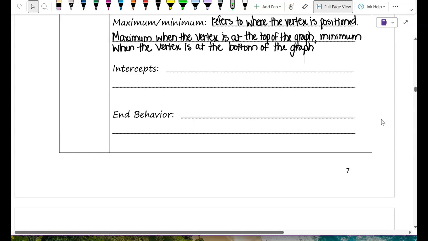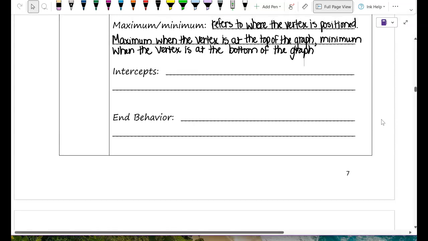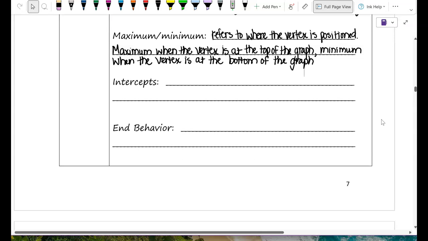The next word, intercepts. Now we are going to be talking about both x and y intercepts. X-intercepts, again, are going to give us the solution. Y-intercepts just help us with the shape of the function at times.